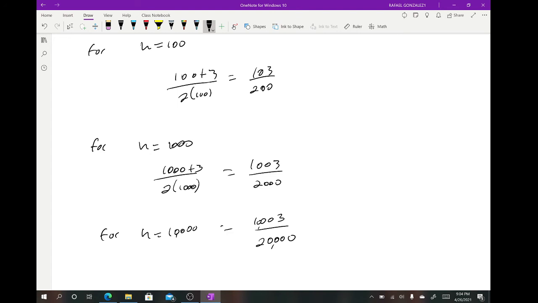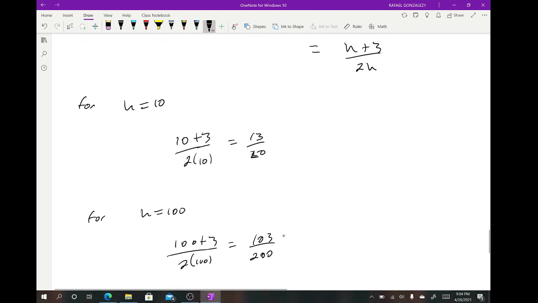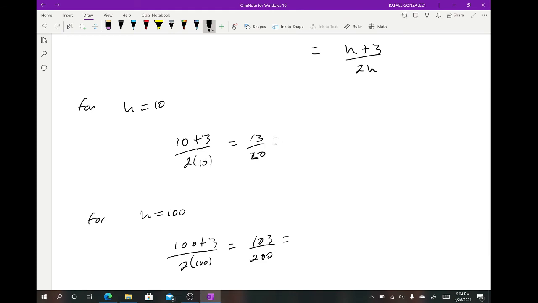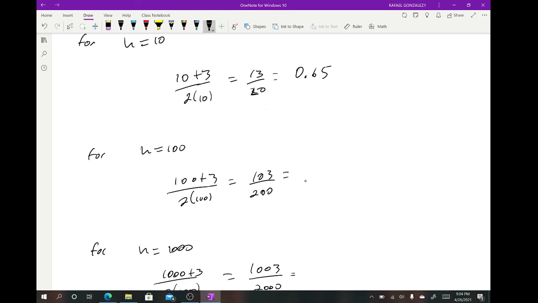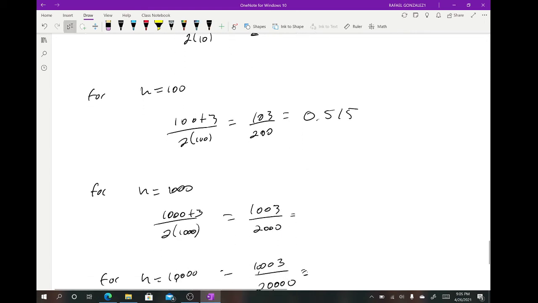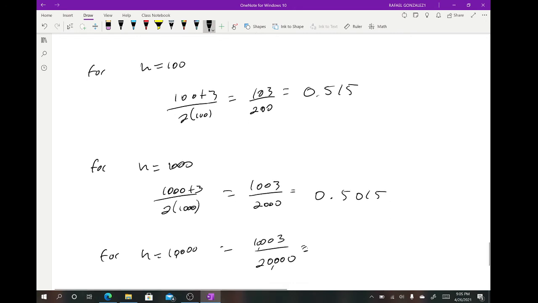All right. So what are these equal to in decimal form? If you take out a calculator, you'll see that the first value is going to be 0.65. The second one is going to be 0.515. The third one is going to be 0.5015.